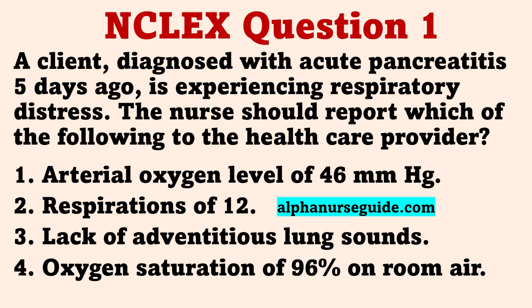A respiratory rate of 12 is normal and not considered a sign of respiratory distress. Adventitious lung sounds, such as crackles, are typically found in clients with ARDS. Oxygen saturation of 96% is satisfactory and does not represent hypoxemia or low arterial oxygen saturation.